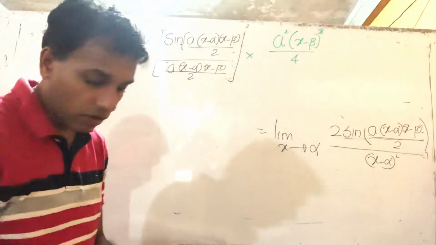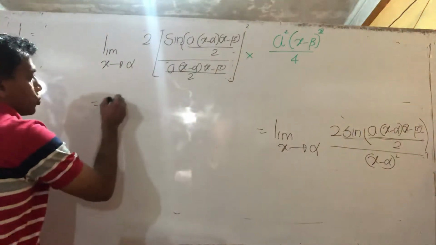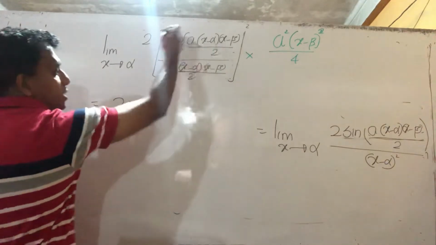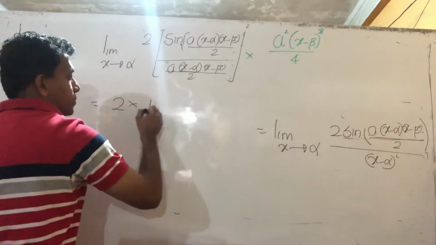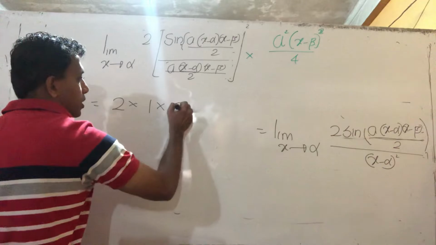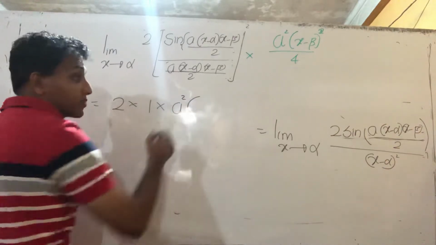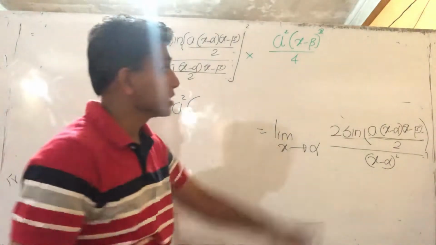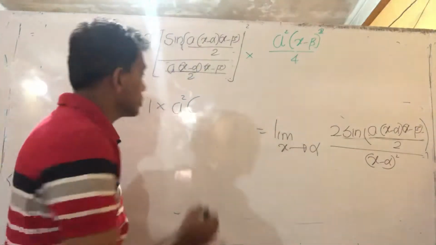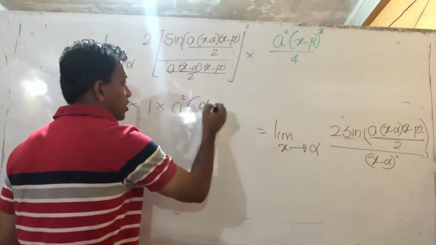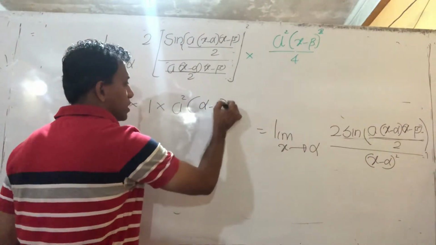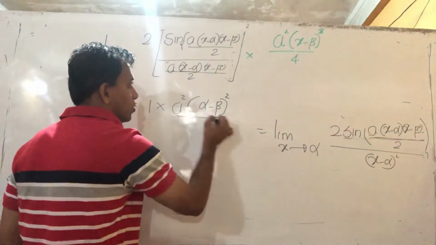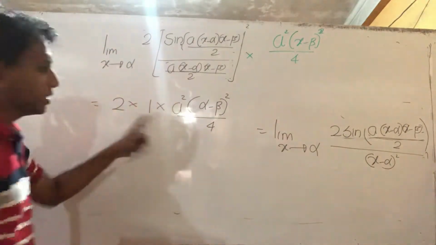Now go to the final value, what is it? 2 into, this is 1, okay, this is 1, and a square, put x for alpha, don't miss that, x for alpha, alpha minus beta, alpha minus beta square over 4, cut the 2, is it okay?